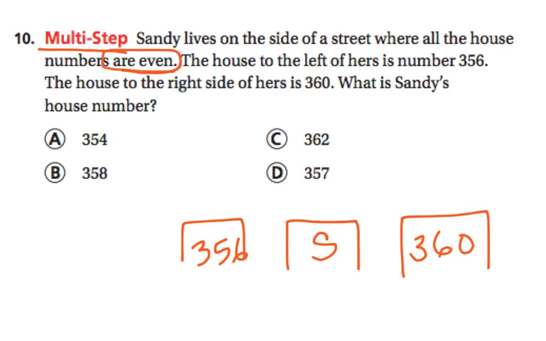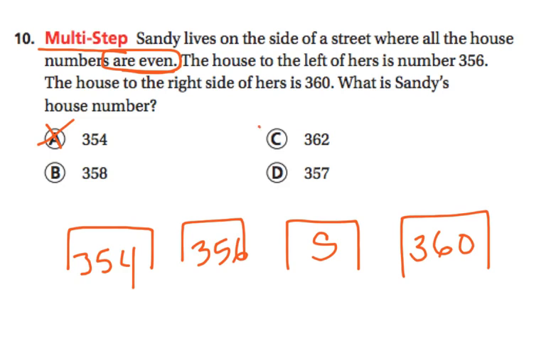So there's a number right in between 356 and 360 that's even. Well, I know it's not 354 because 354 would be over here. Okay?